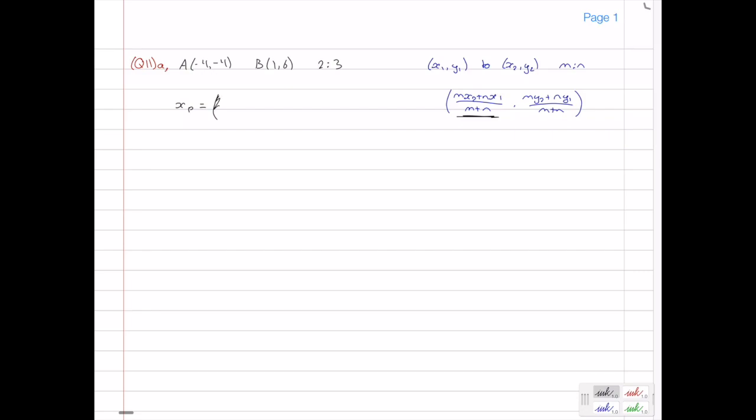This is m for us, that's n for us. So it's 2 times x2, which is 1, plus n, which is 3, times x1, which is -4, divided by m plus n, 2 plus 3. So I have 2 plus -12, which is -10, over 5, which is -2. And that's the first one.